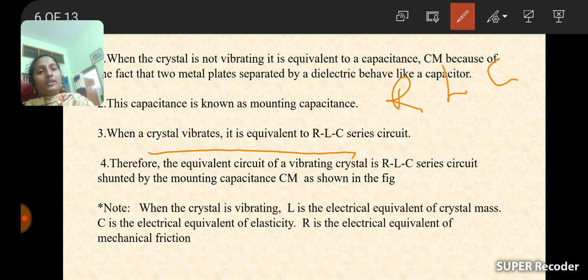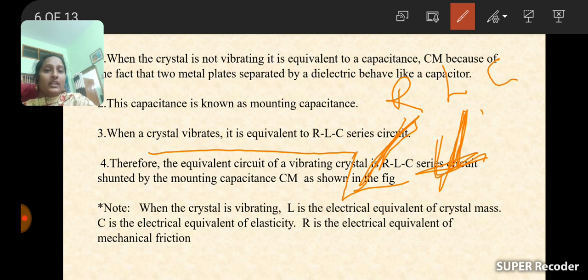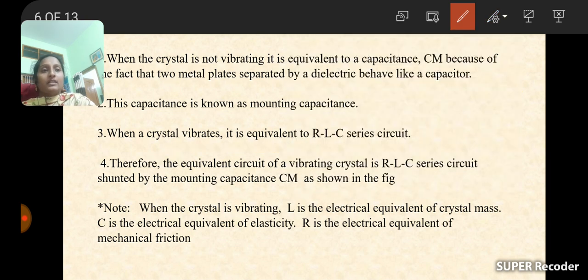Why? Because under vibration it produces mechanical friction. So R indicates the mechanical friction, L indicates the crystal mass, and C indicates the equivalent of elasticity. So finally the crystal oscillator under vibration acts like an RLC series circuit.